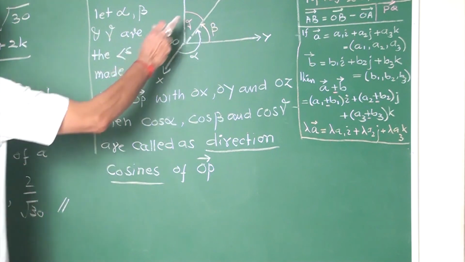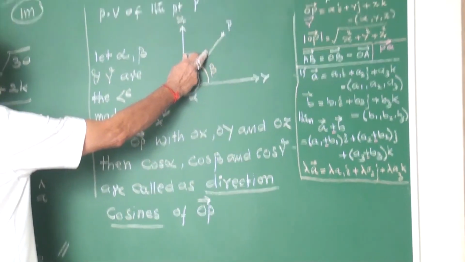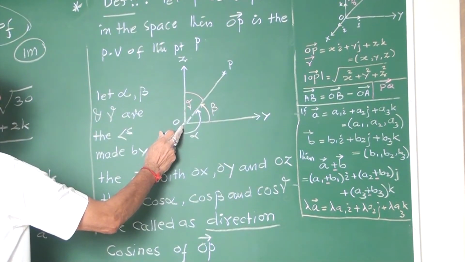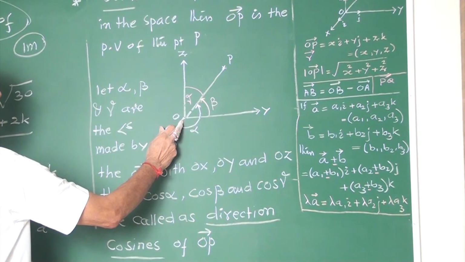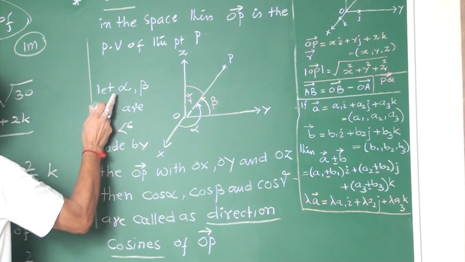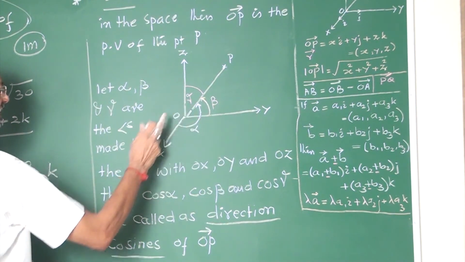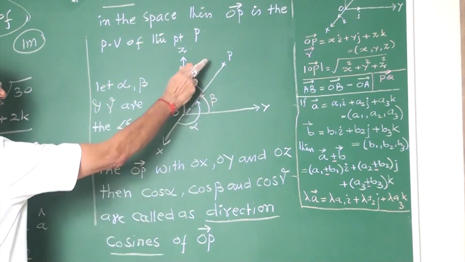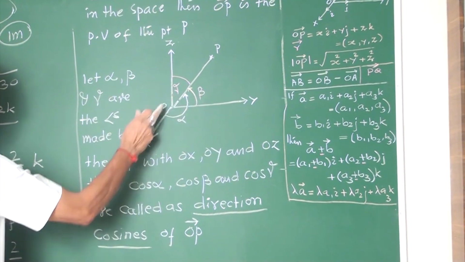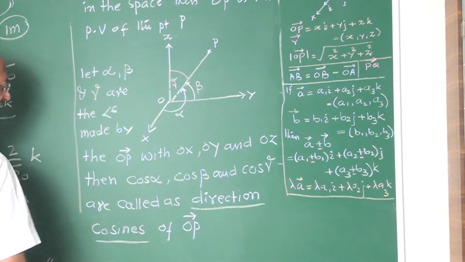Let P be a point in the space, then OP is known as the position vector of the point P. Let alpha, beta, gamma be the angles made by vector OP with OX, OY, OZ.